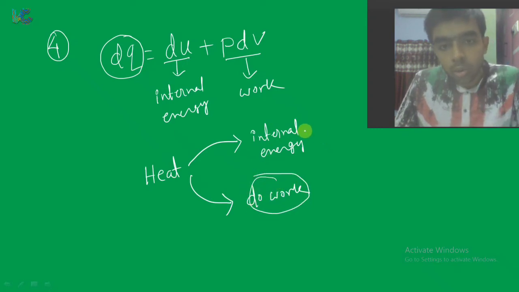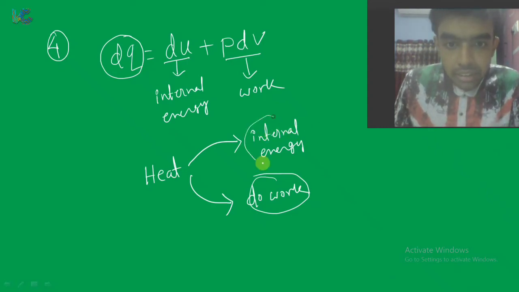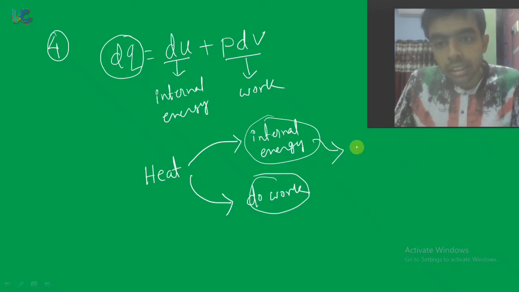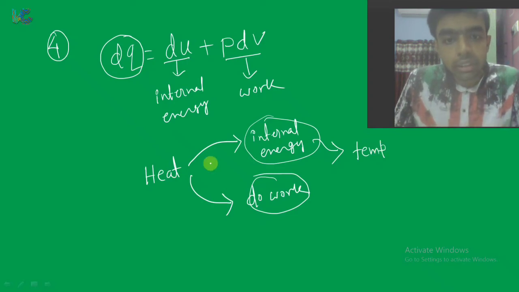Now the change in internal energy will lead to an increase in temperature. That means according to the first law of thermodynamics, heat taken by the system is distributed into two parts. One is to make a change in internal energy, and that will lead to change in temperature, and another part of heat taken by the system is for doing some work.